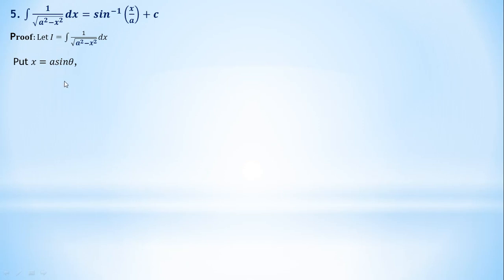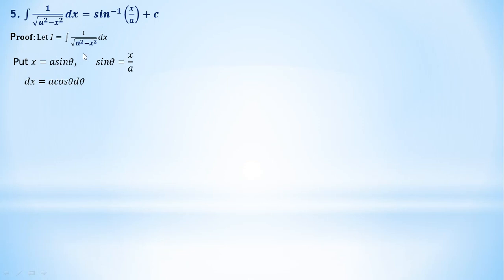Now as x is equal to a sine theta, that means sine theta is equal to x upon a. Now we have to take the derivative on both sides. So as x is equal to a sine theta, we have dx is equal to a cos theta d theta.